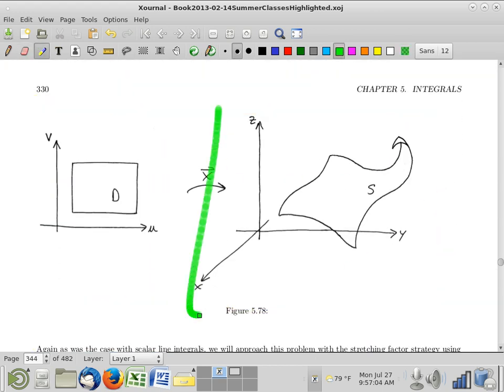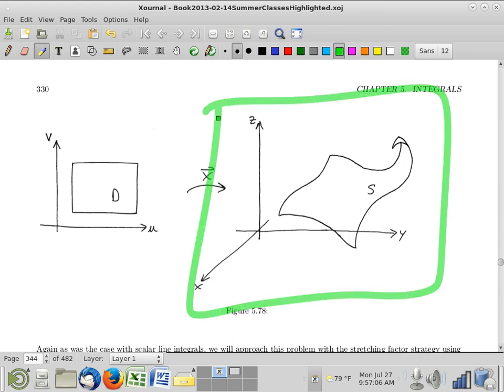I find myself looking at a domain that's awkward for whatever reason. With change of variables, it was because it had corners and curves and stuff like that that made it awkward and undesirable. With scalar line integrals, it was the dimensional awkwardness and maybe also the curviness. Here, again, dimensional awkwardness. Right? It's a two-dimensional thing in a three-dimensional world. It's not a double integral. It's not a triple integral. It's this weird, different kind of thing.